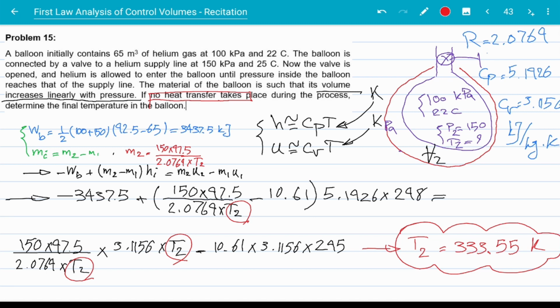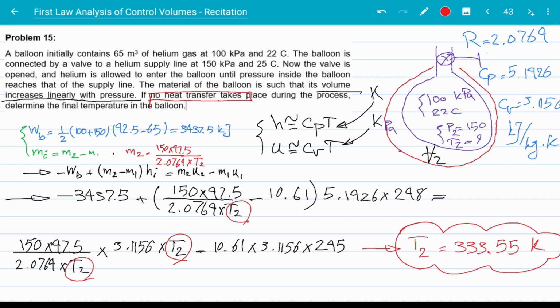So in this problem, we kind of reviewed everything that we learned in this thermodynamics course so far. First, there was a linear relation between the volume and the pressure. We used that to find the second or final volume. Then we used the ideal gas equation to find the mass at the initial and final state.